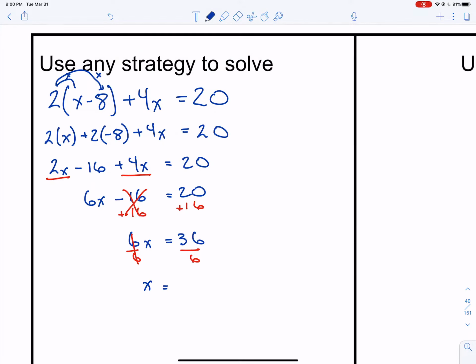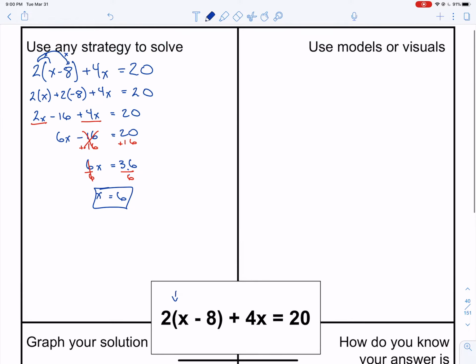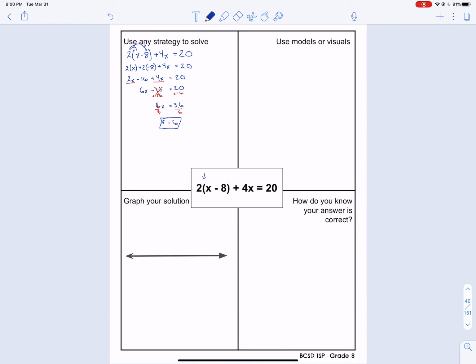And then 36 divided by 6, that is 6. Okay? And that's it. X equals 6. And the rest is for you to fill out. And again, we are done with day 2.